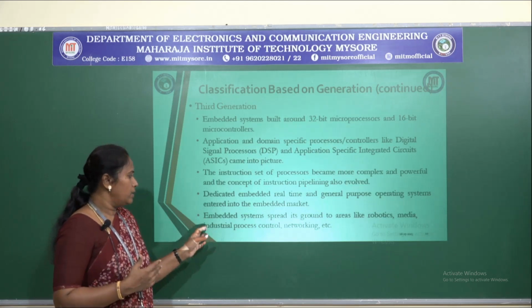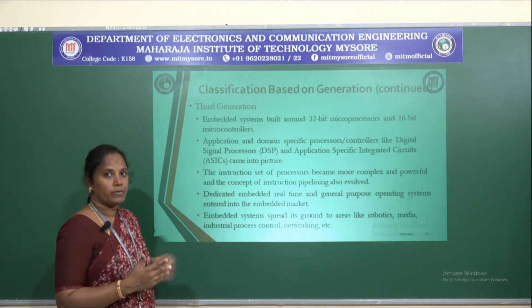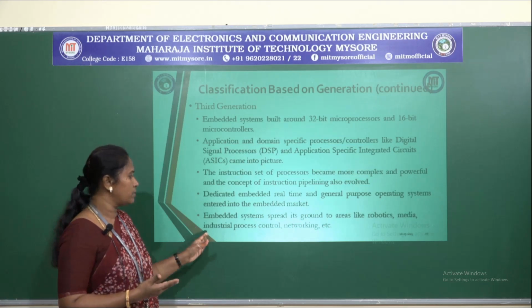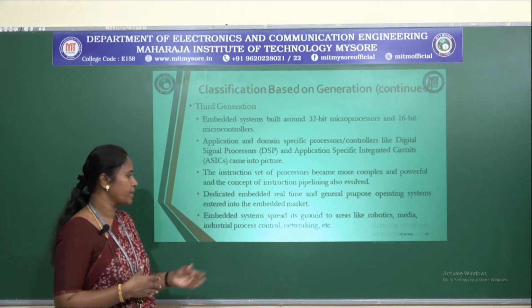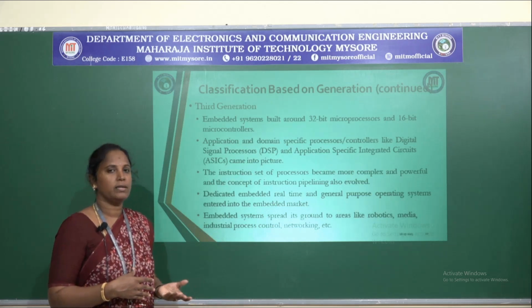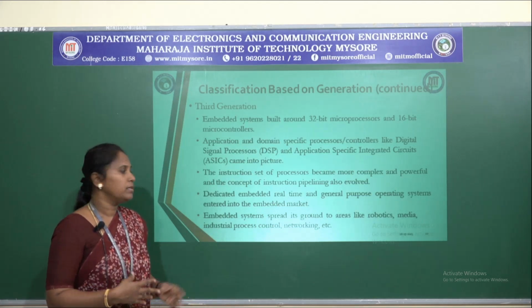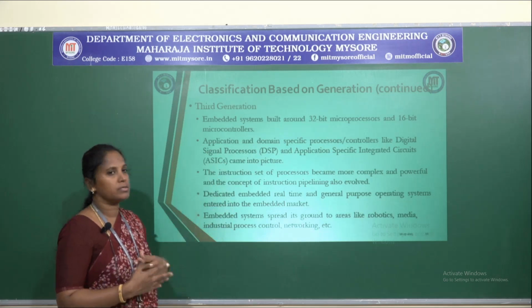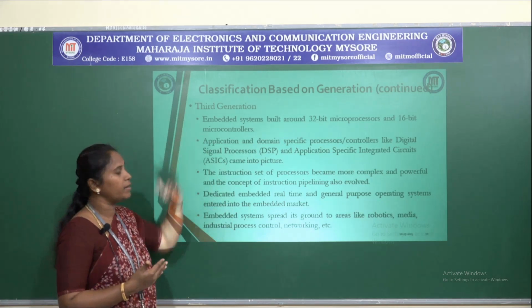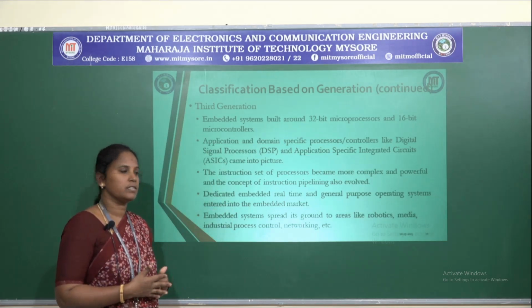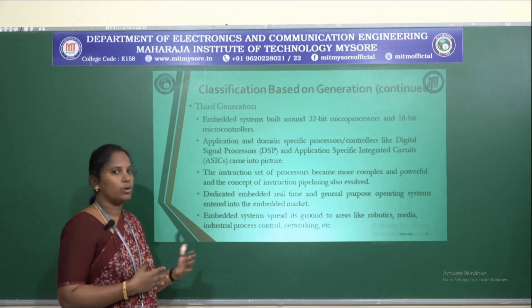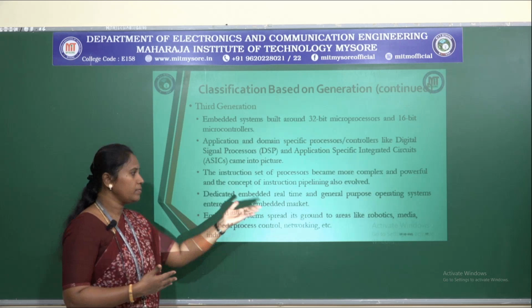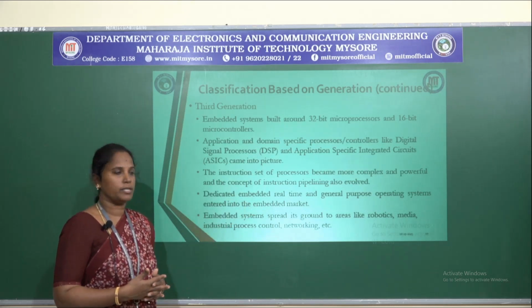Then the advancements were that it was used in robotics, then in media, and in networking, that is computer networking. So as the processors advanced and the bit handling capability and the complexity of instruction handling increased, the applications also increased in areas like robotics.